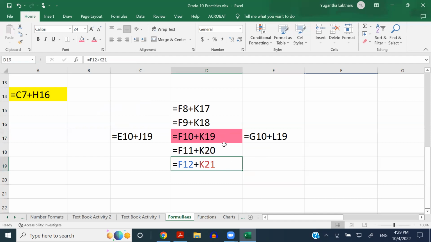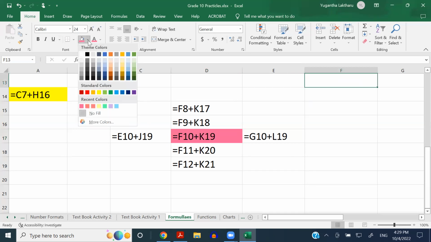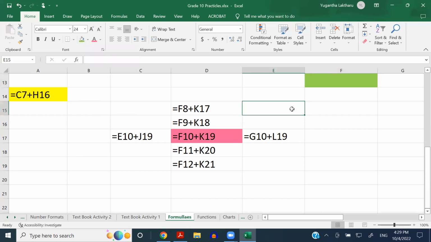Okay, now I'm going to copy this pink cell content to here. I'll mark it as green. This to here. So think carefully and tell me what's going to happen to my equation when I'm copying this over here. What could happen?